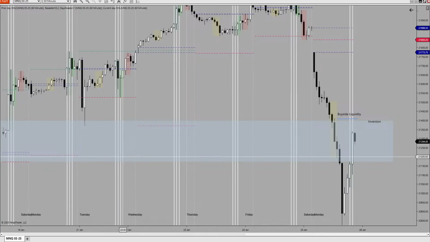Very, very important for tape reading, particularly. This is called immediate rebalance.